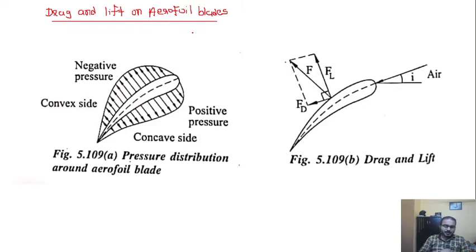Here in the first image, the pressure distribution is shown for an aerofoil blade. On the upper side of this blade, that is the convex portion of the blade, it can be seen that negative pressure is generated because the fluid particles present over here try to move away from this blade.